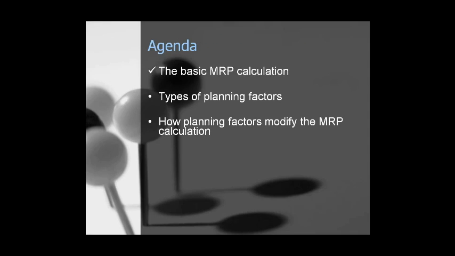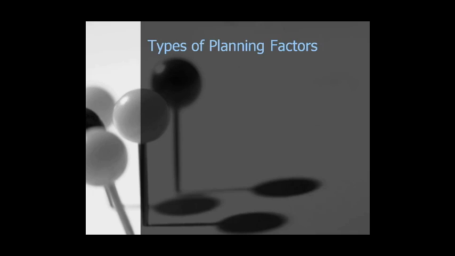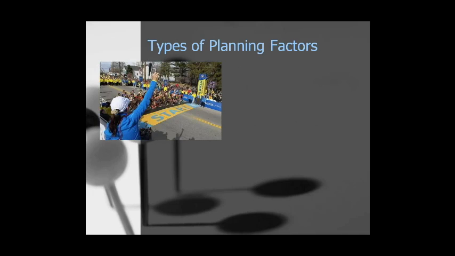The things that we use to tell MRP to do it slightly different are called planning factors. And there are 3 types of planning factors that we're going to look at today. First type, planning factors that affect when we place the replenishment order. When do we start on the purchase order? When do we start on the manufacturing order? That's one type of planning factor.